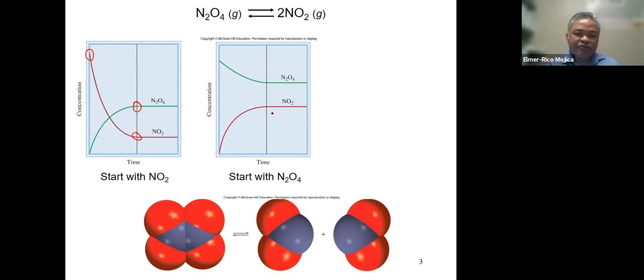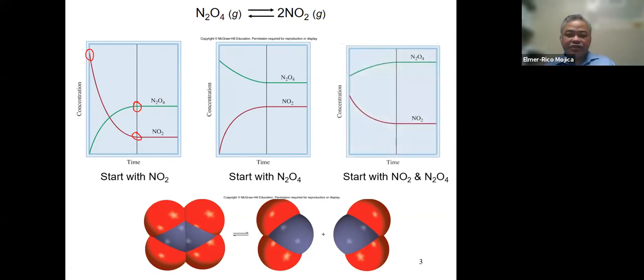And then you allow it to equilibrate, after some time N2O4 reduces from its original concentration, forming NO2, which increases after some time until they reach the equilibrium system. Okay. And there can also be a condition wherein both NO2 and N2O4 are present. And after some time, they will reach a state of equilibrium.